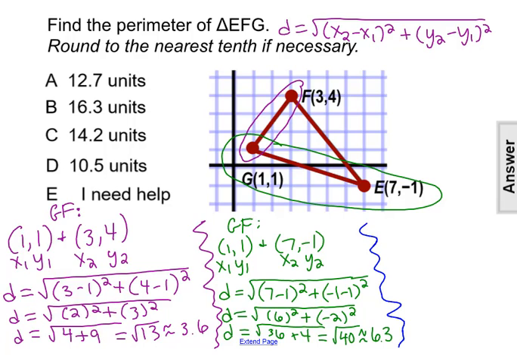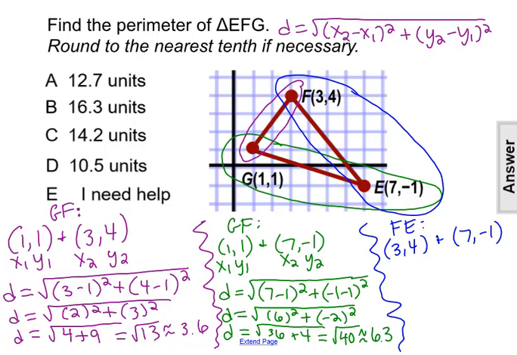Finally, we now just have to find the distance between points F and E to find the measure of that segment. So we're using points F and E, so F is (3, 4), and E is (7, negative 1). So the distance is going to equal the square root.